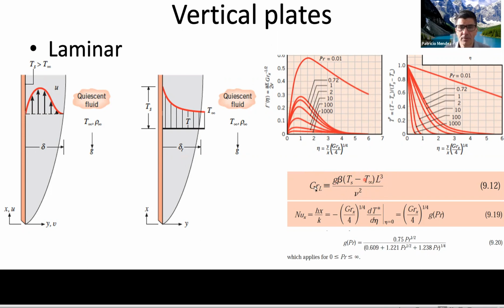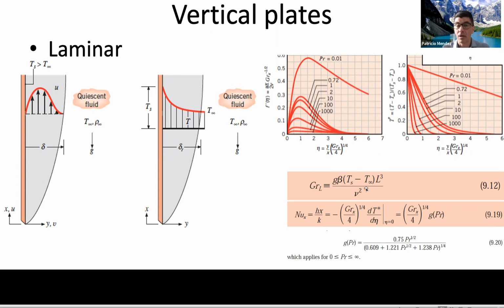This group of parameters is what is defined as the Grashof number. In this case, we have length, so Grashof of length. Grashof behaves very much like a Reynolds number. So in a Reynolds number, you have a relationship between inertial forces and viscosity, right? And you assess this ratio because you know the velocity.